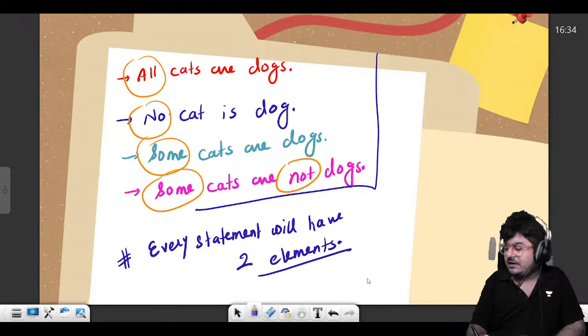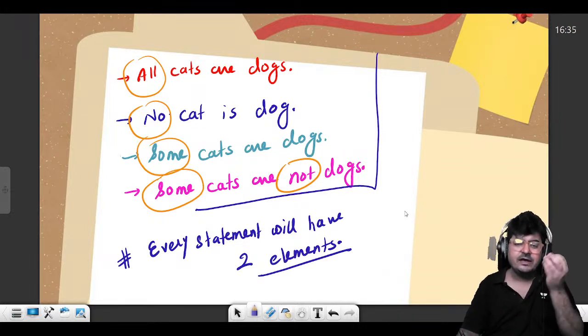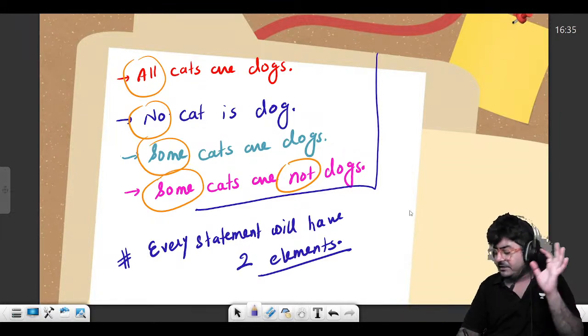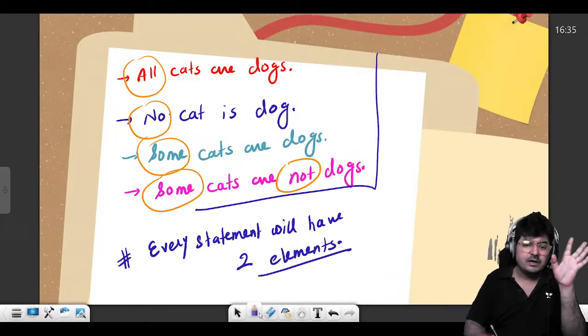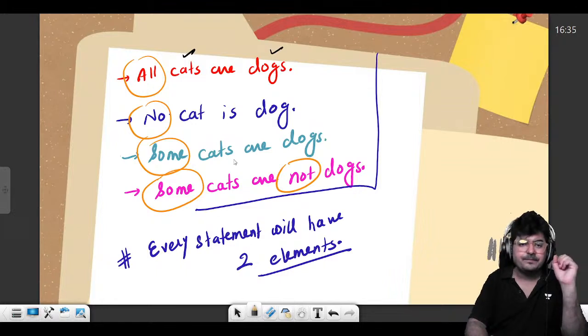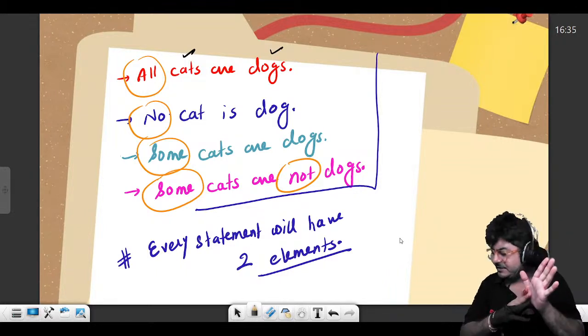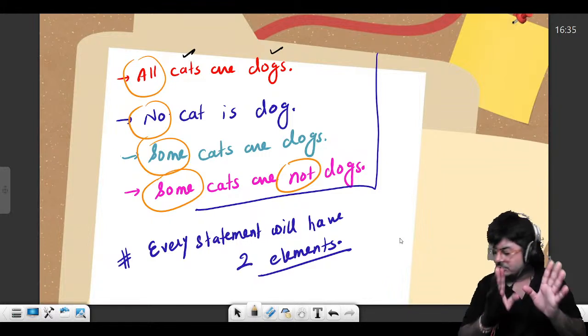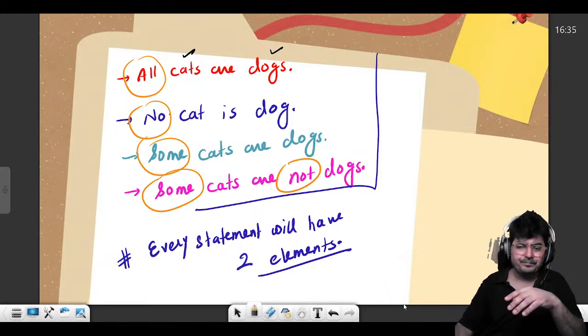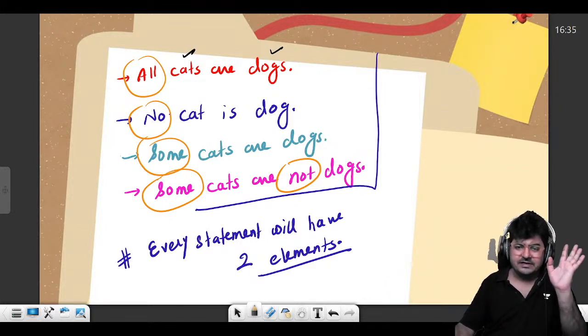Elements mean in every statement they will be talking about two things. Like here, if you look, cats and dogs are the two elements. Cats, first element, dogs, second element. So it should be clear to you. Okay, is it clear?